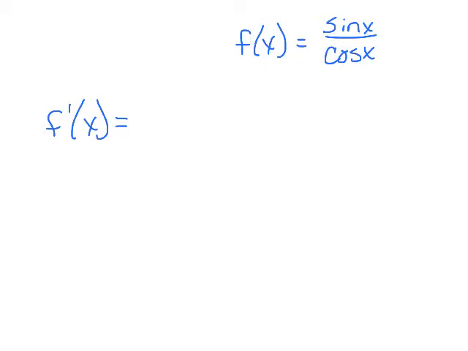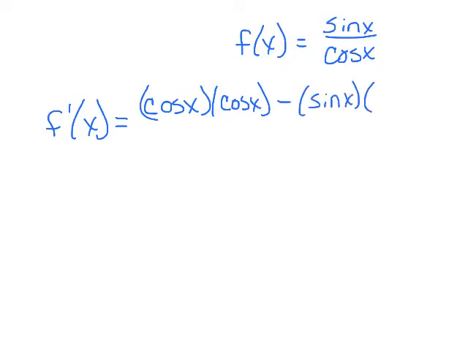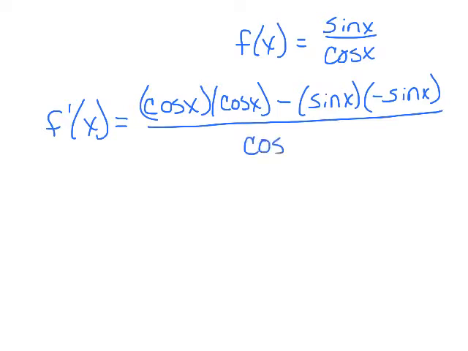Using the quotient rule, it's going to be low, which is cosine of x, d high, the derivative of sine, is cosine, minus high, d low, the derivative of cosine, is negative sine, all over low squared, cosine squared of x.